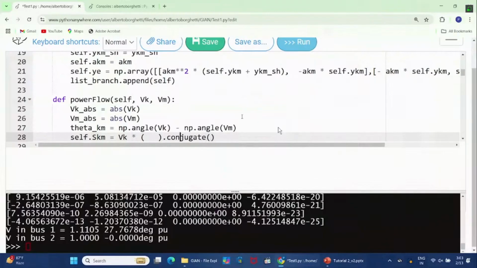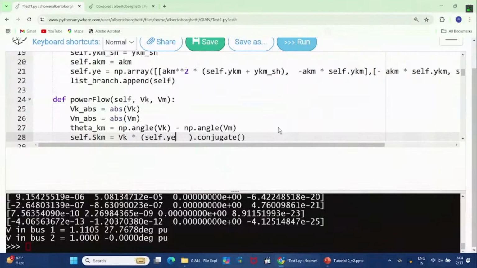Here we need to write the current, so the elements of the admittance that are here in self Y multiplied by the voltages. So we take the first two elements of self YE, the elementary admittance matrix.